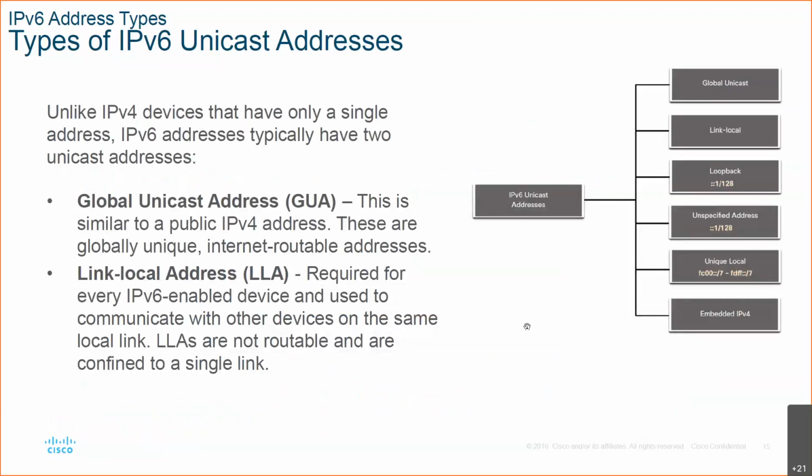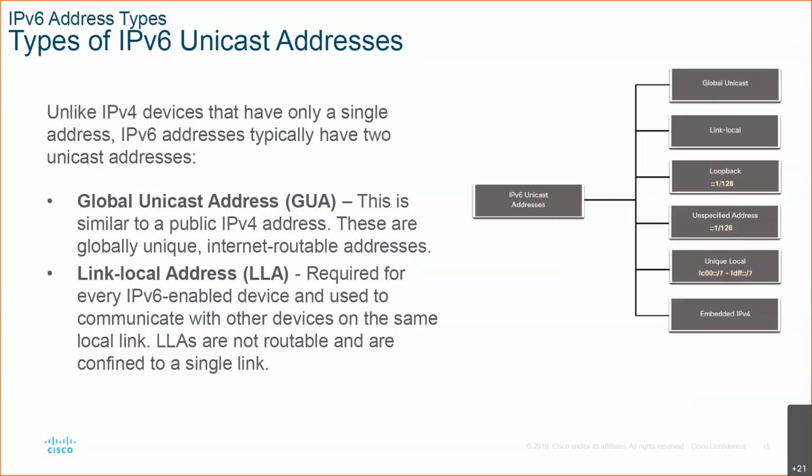Now, since IPv6 has been planned properly and designed in such a way, you don't have only a single address, you have 2 unicast addresses. Isn't that amazing? The first one is a global unicast address. We call it GUA. This is just like a public IPv4 address, and you can route it and use it as a public address.